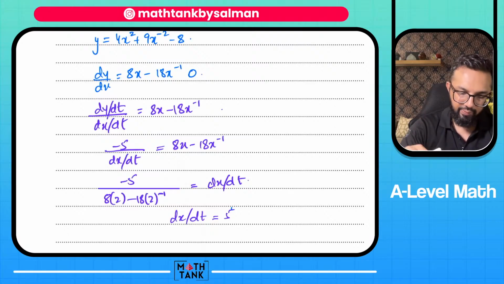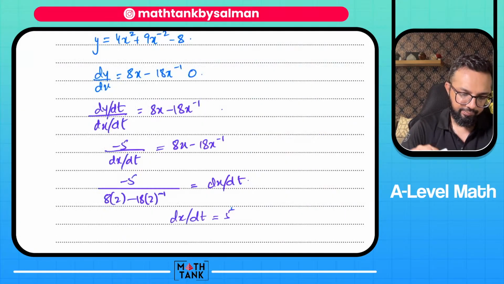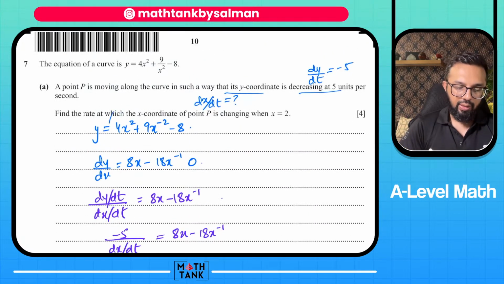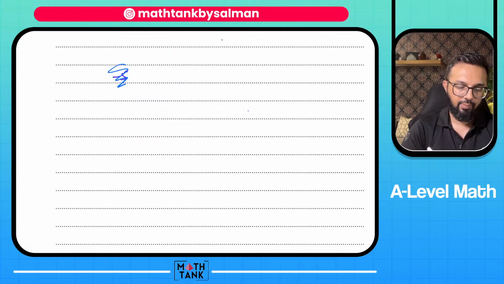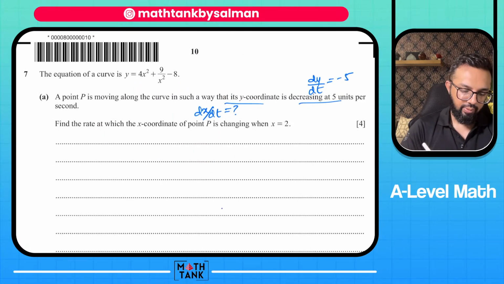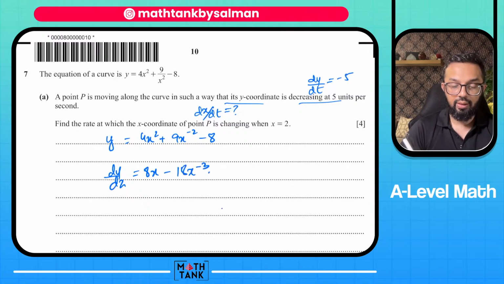Minus 5 over 7. Is that? No. I've made really, really silly mistakes here. Okay, going back again. So dy by dx is 4x squared 9x power minus 2 minus 8. So that's y. Dy by dx should be 8x minus 18x power minus 3. That's what I've done wrong. And this should go down to 0.